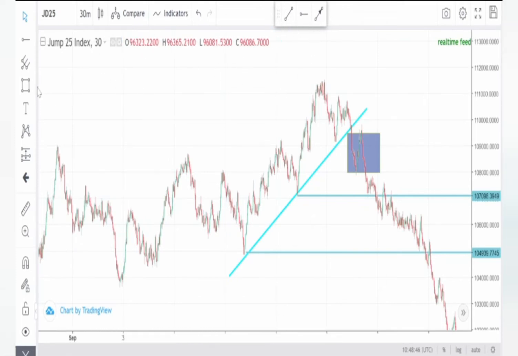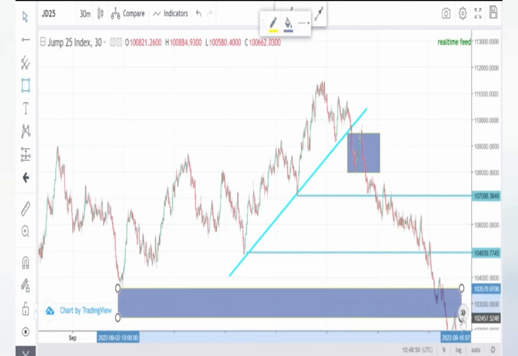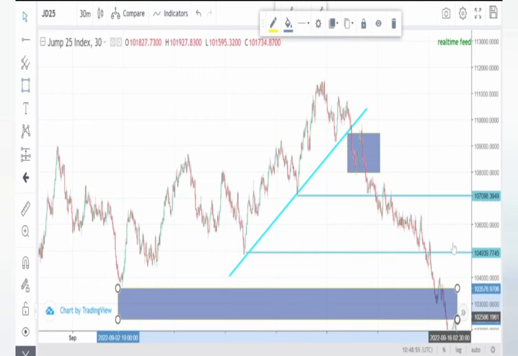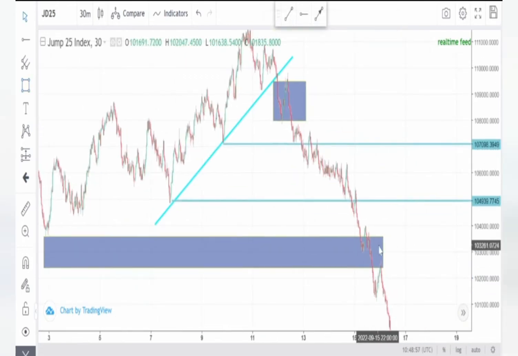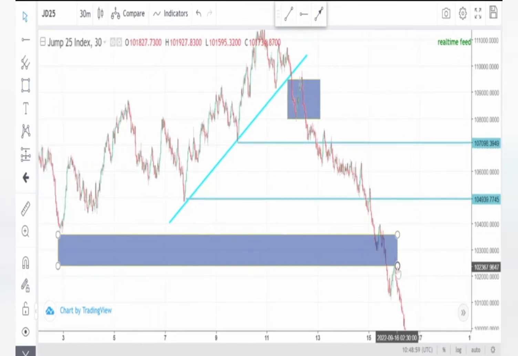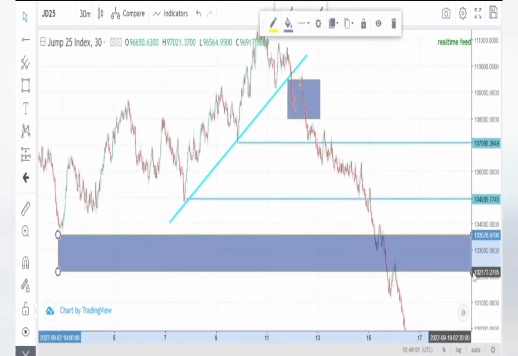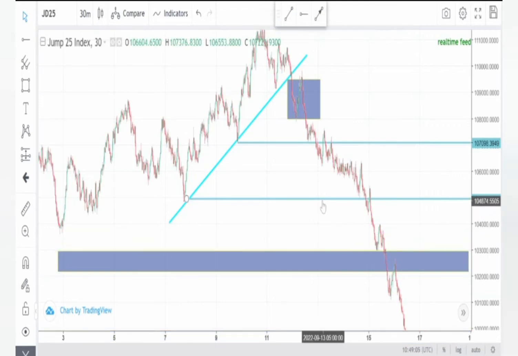When you combine with the previous action, the third take profit would be here. So that's why I usually advise, don't rely on one strategy, especially the trend lines.